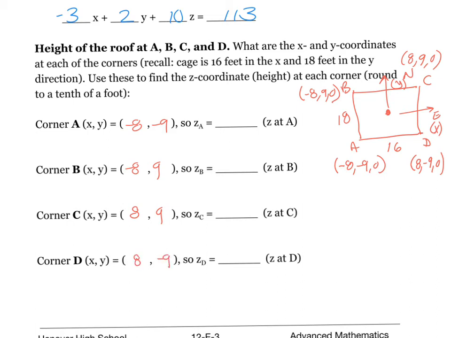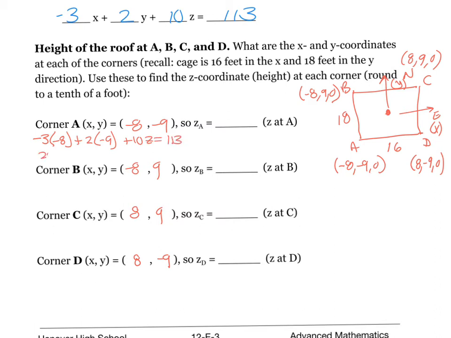Now, to figure out what Z is, I need to evaluate or solve the plane equation for Z given this x and y. An example of that: I'll write out the plane equation. The plane equation is -3x, where the x here is going to be -8, plus 2y, where the y is -9, plus 10z equals 113.